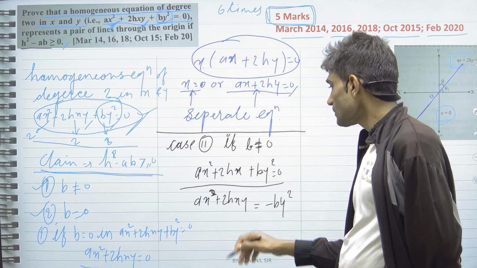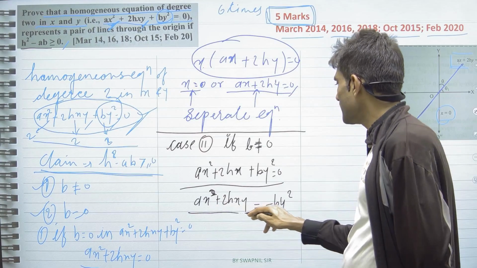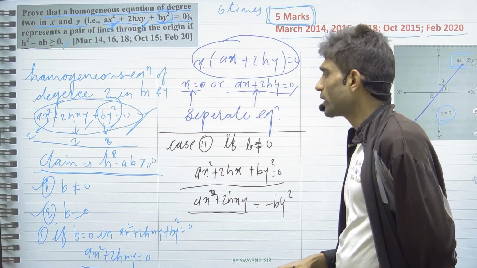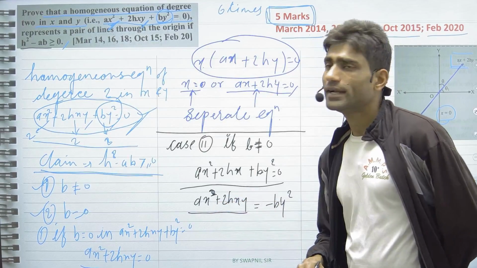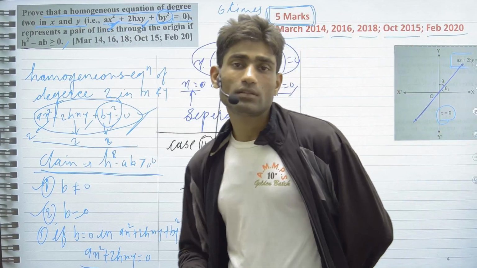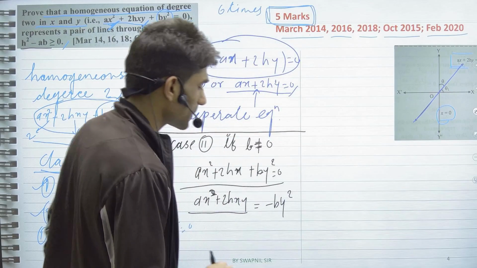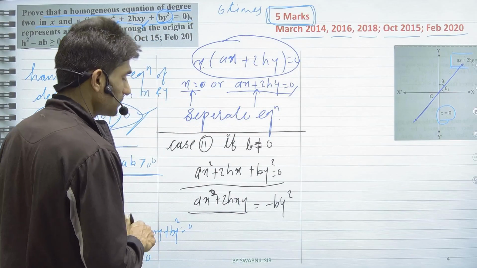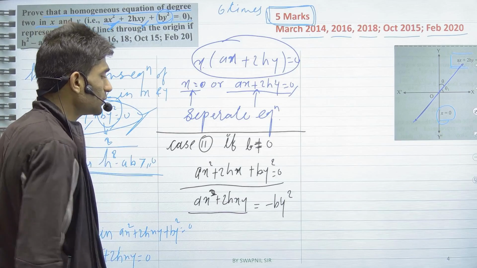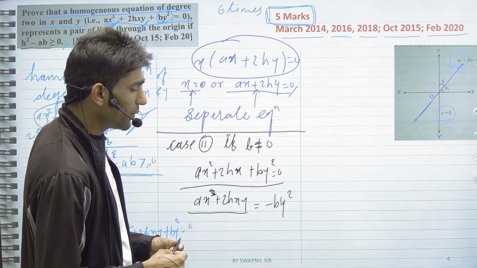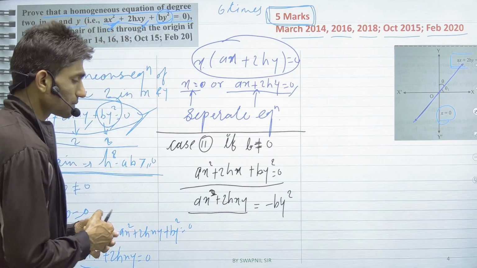Now try to complete the square of our term. We have only the first two terms, which are part of completing the square. So we have x² + 2hxy equal to negative of by².